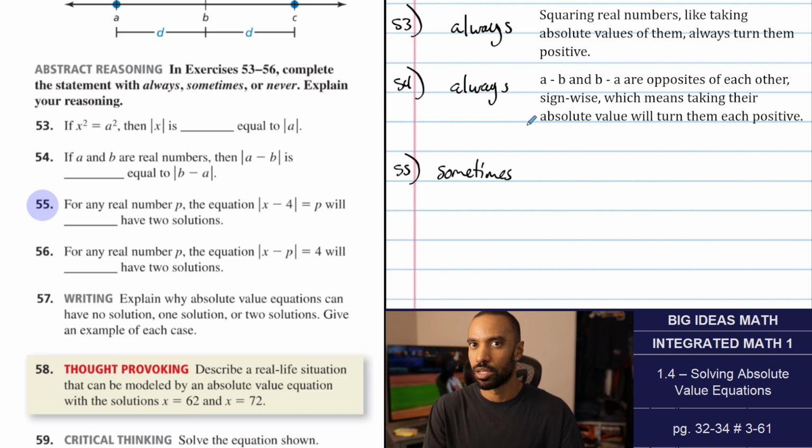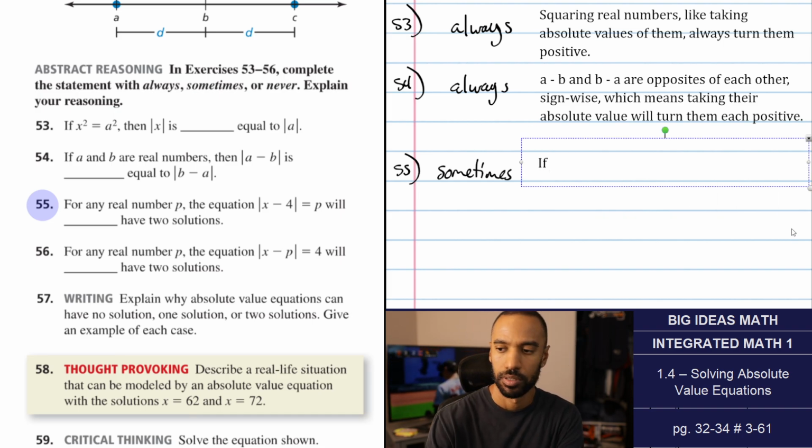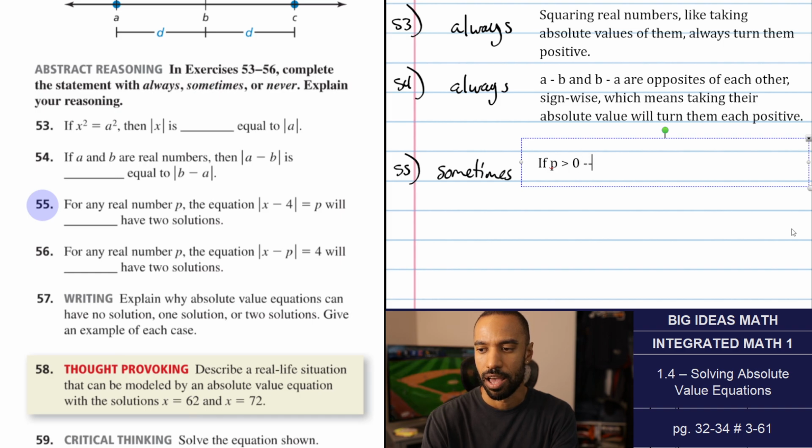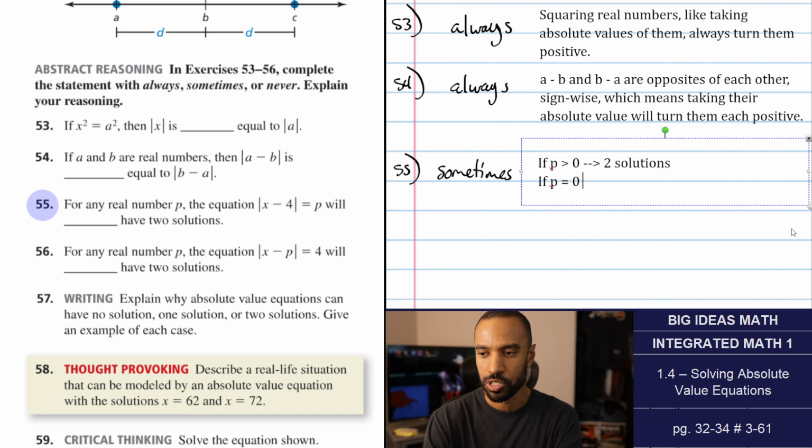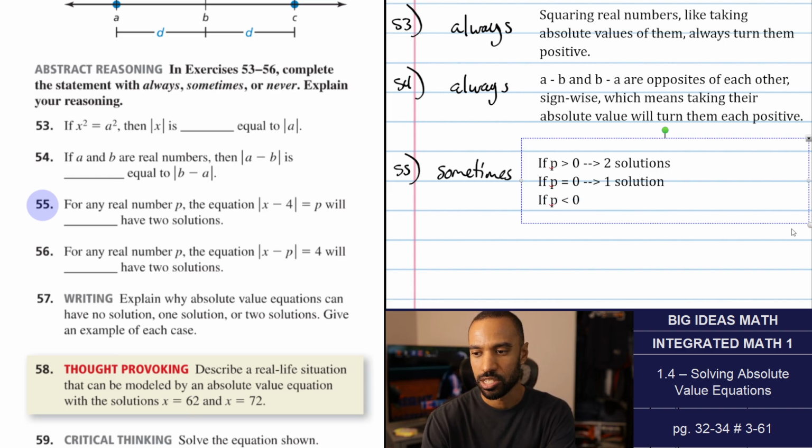If p is greater than 0, you'll have two solutions. Yay. If p is equal to 0, you have one solution. If p is less than 0, you'll have 0 solutions. No solution.